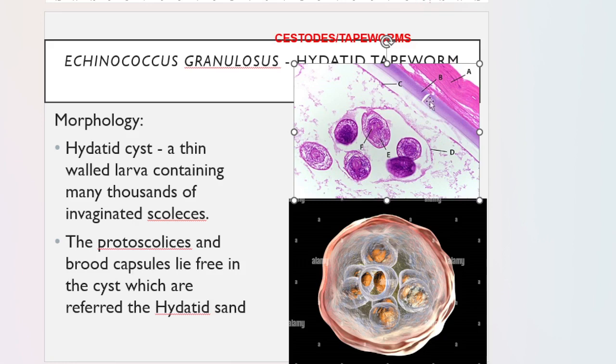Yan yung B. And then yung C, that is the brood capsule. Okay, brood capsule. And then we have this whole capsule, brood capsule. It has numerous letter E, that is protoscolices, inside protoscolices and hooklets.